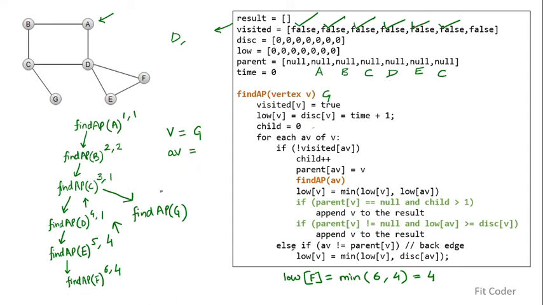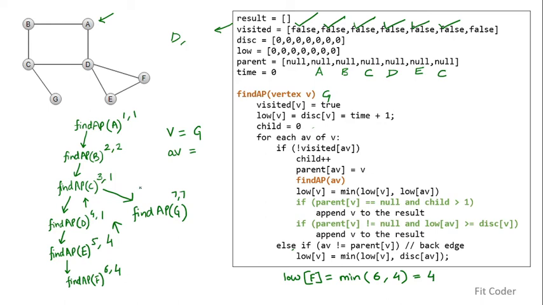Time was 6, so we set it to 7, 7. For each adjacent vertex of V, the adjacent vertex is C. C is already visited, so we come in this else condition, but C is also the parent of G, so this does not hold true.